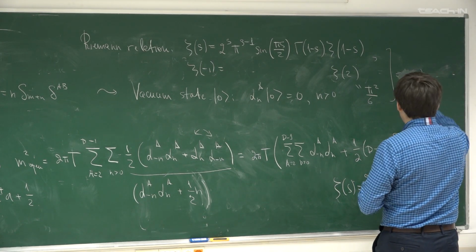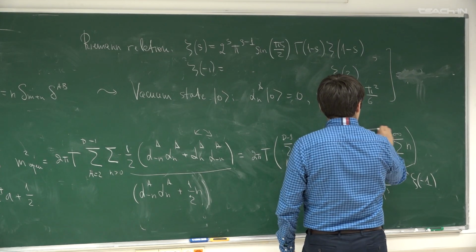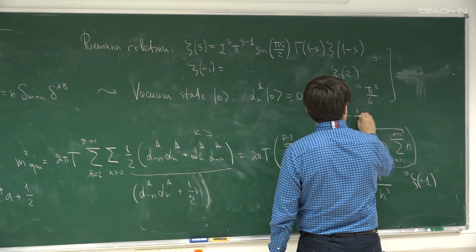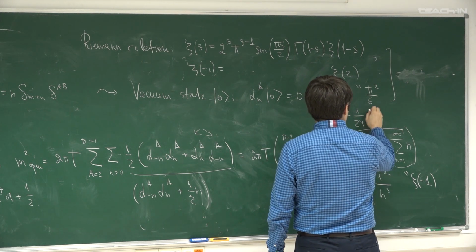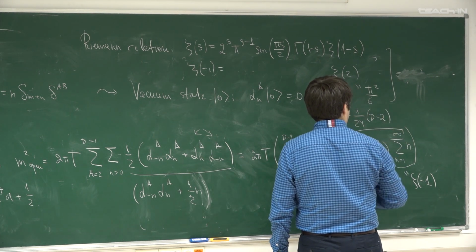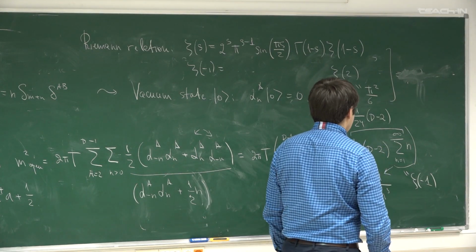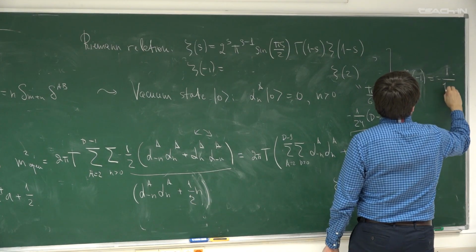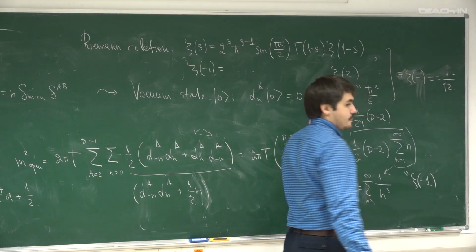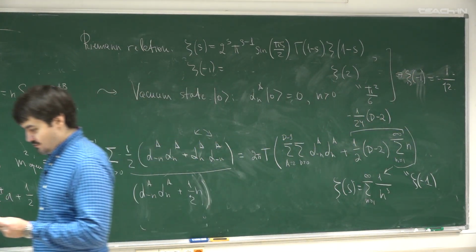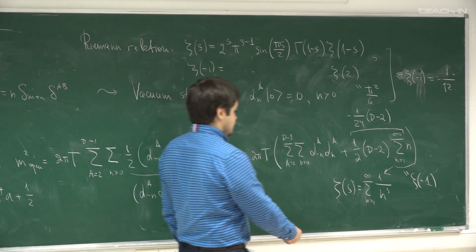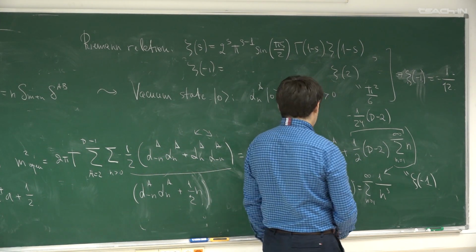Yeah, you derive whatever you derive. Yeah, so zeta of minus 1 is minus 1/12. Hope it's all correct. So this gives you some kind of answer for this sum.